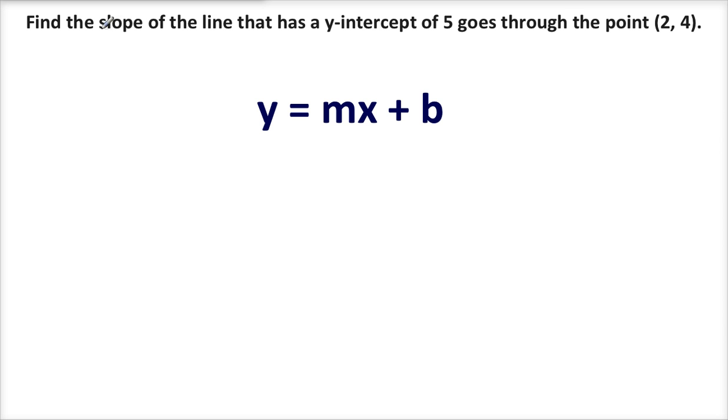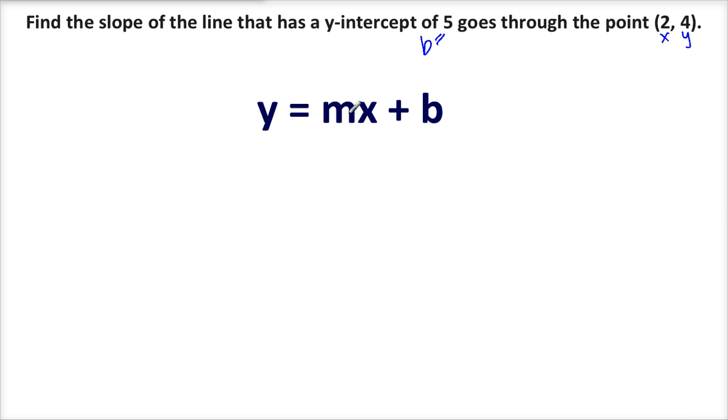We're asked to find the slope of the line that has a y-intercept of 5 and goes through the point (2, 4). So let's think about what we're given here. We're given the y-intercept of the line is 5, so I know that b equals 5. I also know that this line goes through the point (2, 4). 2 and 4 represent an x value and a y value of a coordinate point on my line.